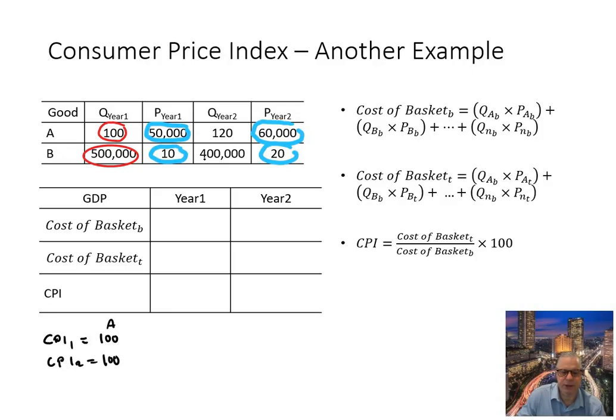Maybe I can put here the number of A, and then times the price, but the price can change, plus, now again, we assume we always consume 500,000 B, so B is always 500,000 times the price of B in each period.